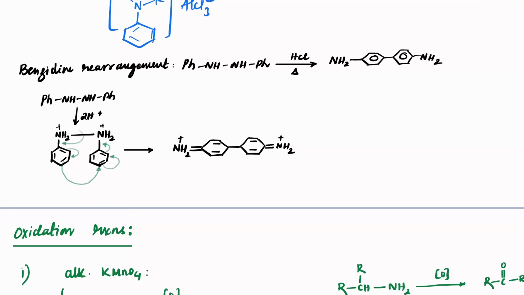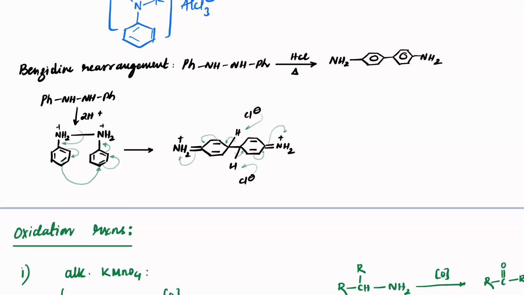Because you have one hydrogen here and one hydrogen here, they will be removed on heating, probably by Cl minus which is present. It will take away this H plus, here it will take away this H plus, and that will retain the aromaticity. So this will push here, this will push here, this will push here, and this will push here.